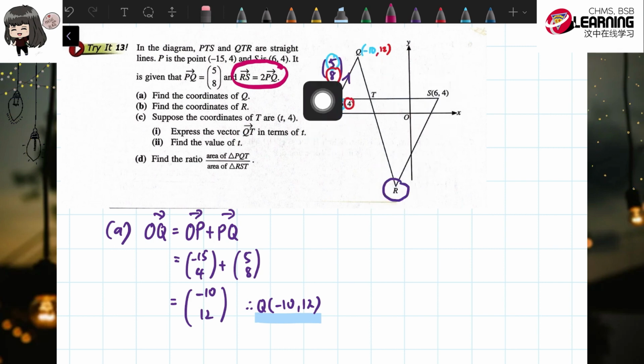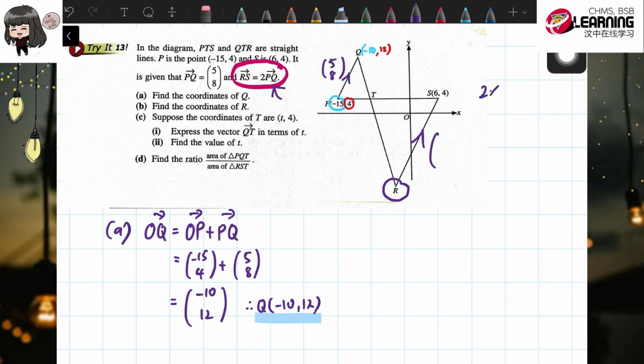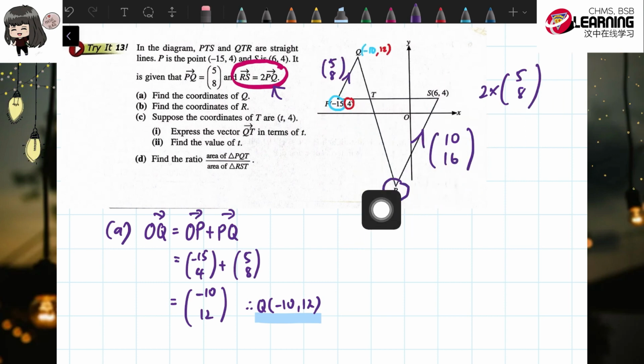PQ you already know is (5, 8). So RS will be 2 times PQ. 2 times (5, 8) gives you (10, 16). So RS will be (10, 16).